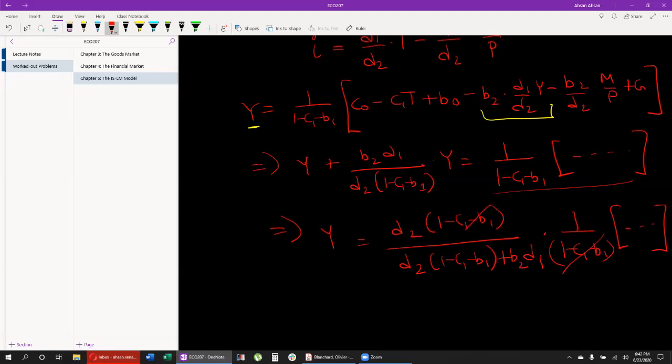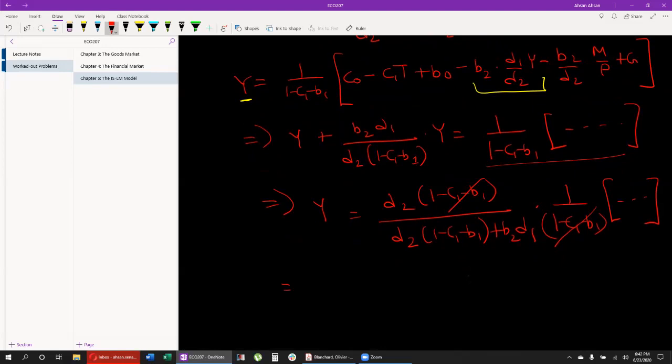So this part we can cross off. And what we end up with is y equals 1 divided by 1 minus C1 minus B1 plus B2 D1 by D2.